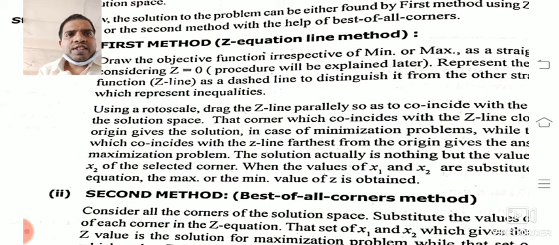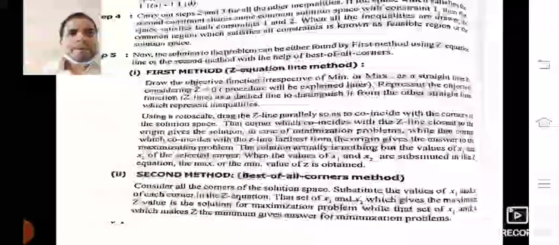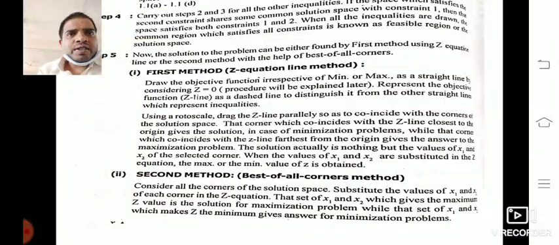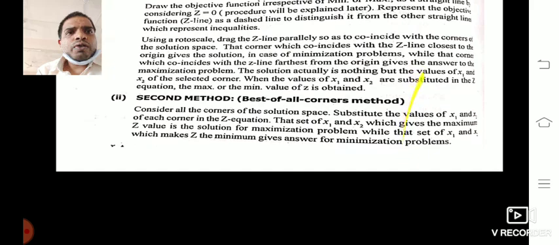I will explain these two methods while discussing the problem. Up to step 4 the procedure remains the same. After the fifth step we can choose either the Z equation line method or the best of all corners method in order to find the decision variables or unknown variables.